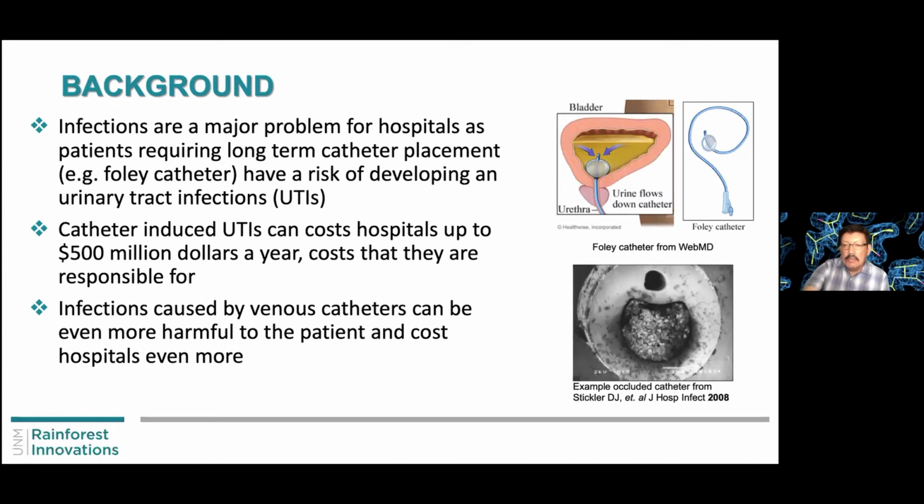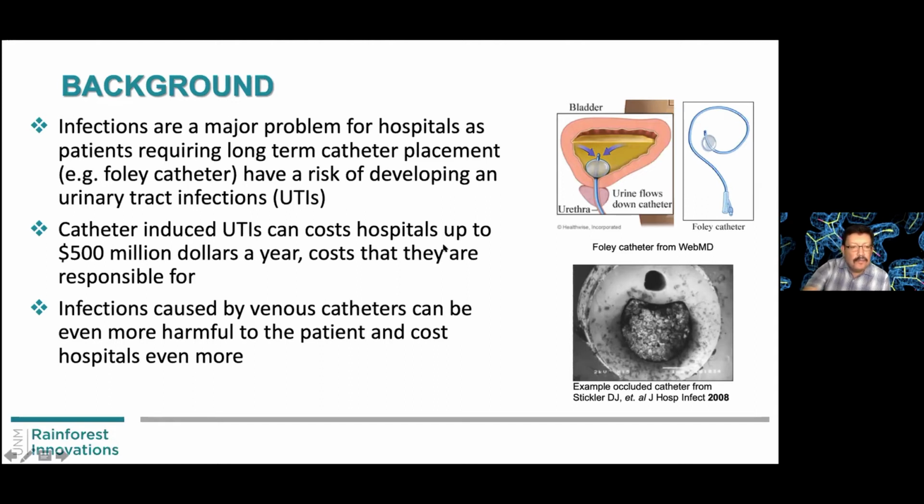It's basically a rubber device that has a couple of lumens in its cross-section, as shown in the bottom right. One of those lumens, the larger one, is where the urine flows. The other, smaller lumen is what's called an inflation lumen, and that's used to inflate a balloon that, once inserted into the bladder, holds the catheter in place.